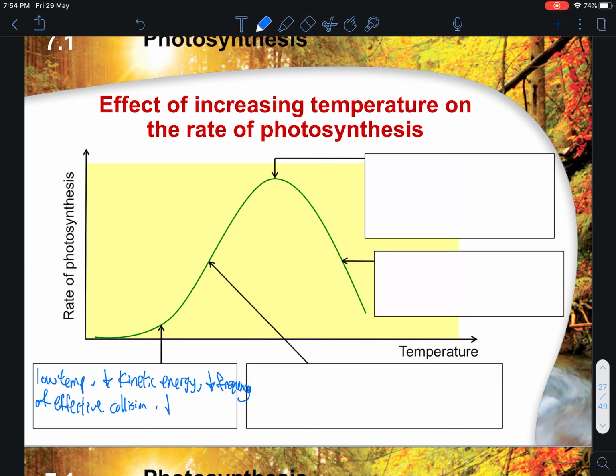Therefore, lower enzyme substrate complex forms, hence a lower rate of photosynthesis. Okay, I'm talking about rate here. Whereas as temperature increases, you gain in kinetic energy. This increases the frequency of effective collision, and therefore it increases the rate of photosynthesis.